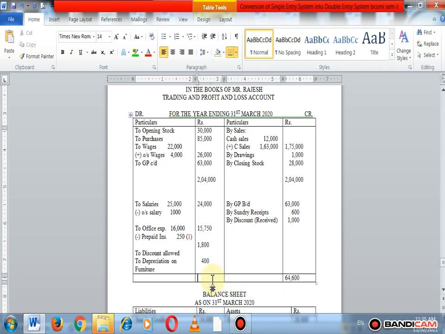Put this total on the debit side, 64,600, and find the difference.